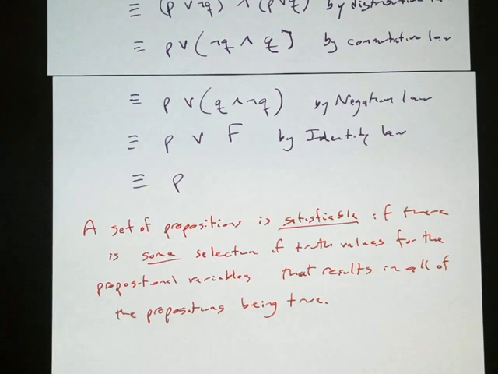A set of propositions is satisfiable if some collection of truth values for the individual variables results in all of them being true.